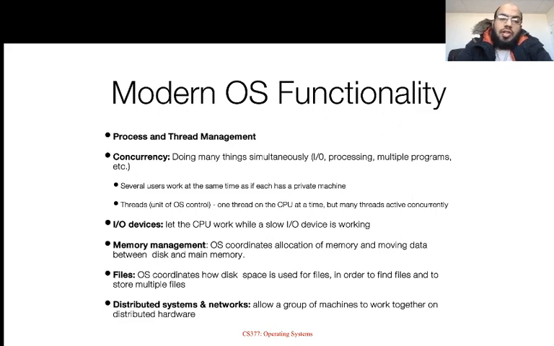You have the I/O devices, which are things such as storage devices and different I/O peripherals like the keyboard and so on. You have memory management, you have file system management, and you have things for distributed systems like network and so on.